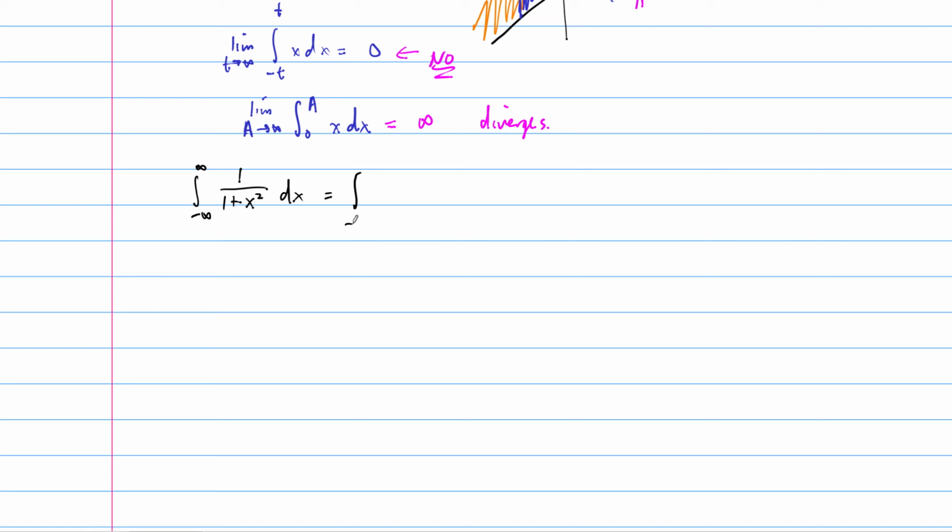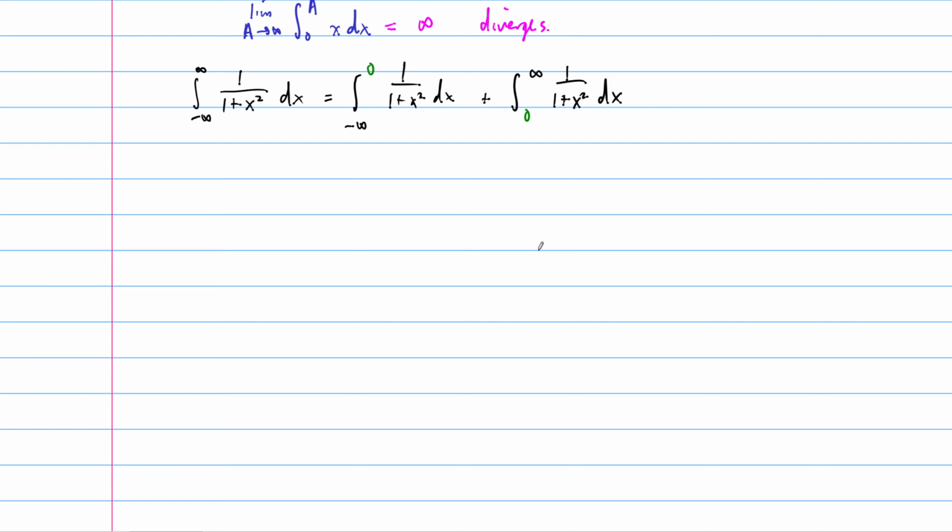So we write this as the integral from minus infinity to 0 of 1 over 1 plus x squared dx plus the integral from 0 to infinity. So there's our split, and this is a property of integrals. We can do this. Now each one of these is improper type 1. They're slightly different, but improper type 1, and we can compute them separately.